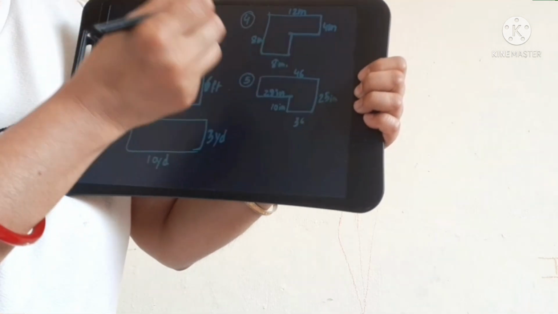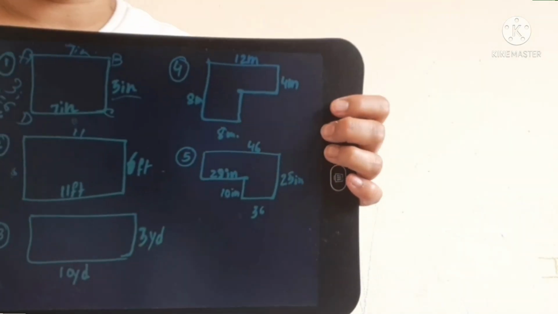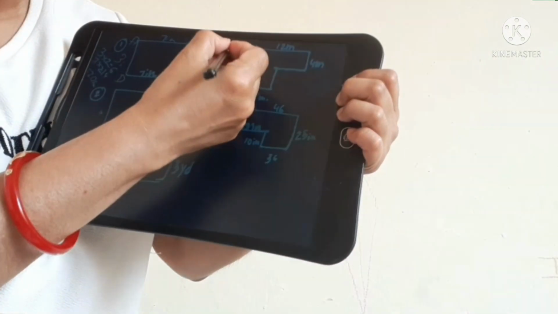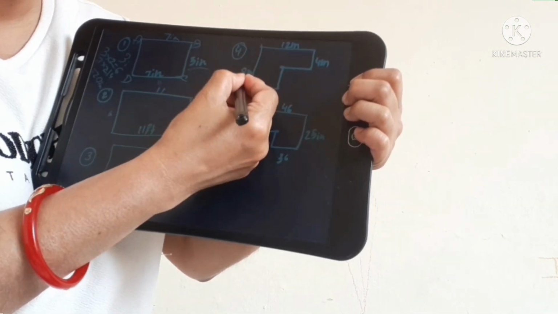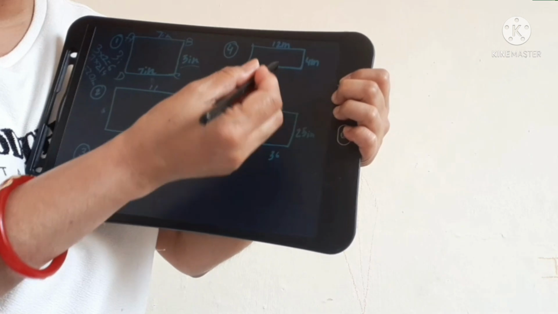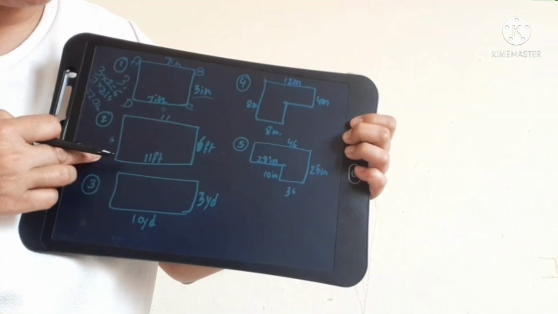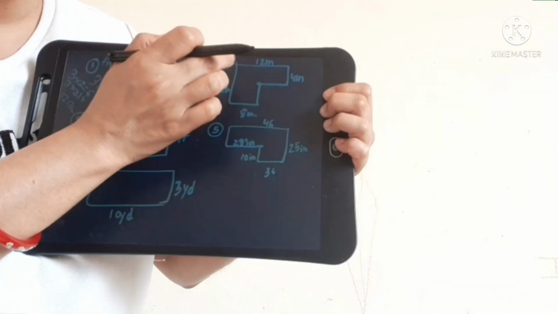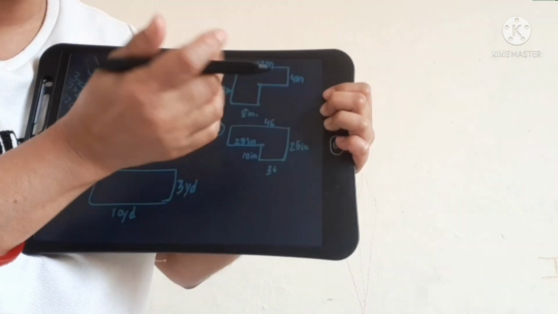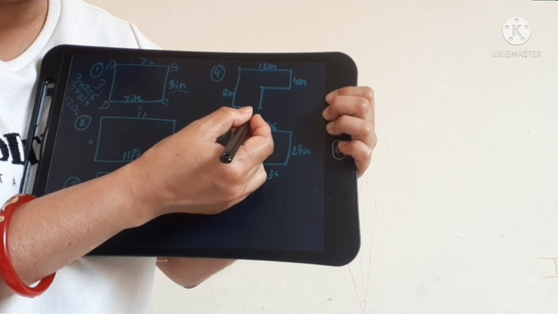Now, this is fourth one. Hope you can see the board. This is 12 meter, this is 8 meter and this is 8 meter and this is 4 meter. This one and this one are the same, but I know only 8 meter in this portion.